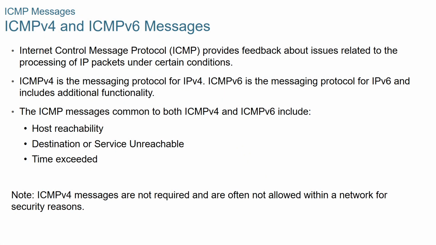We have two flavors of ICMP: ICMP version 4 and ICMP version 6. Internet Control Message Protocol provides feedback about issues related to the processing of IP packets under certain conditions. ICMPv4 is the messaging protocol for IP version 4. ICMPv6 is the messaging protocol for IP version 6 and includes some additional functionality.